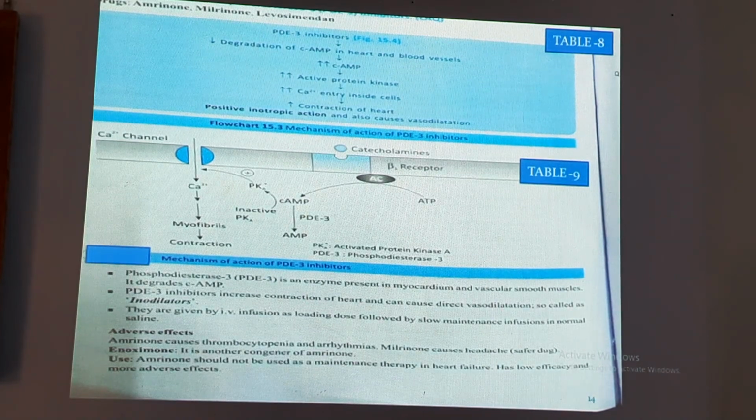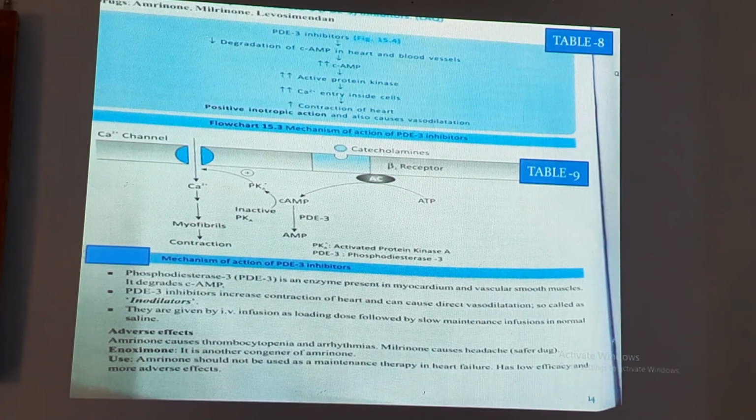Again here, that is catecholamines on the right side act on the beta 1 receptors, and this leads to increased cyclic AMP level, and degradation of cyclic AMP to AMP in the presence of PDE3 enzyme.